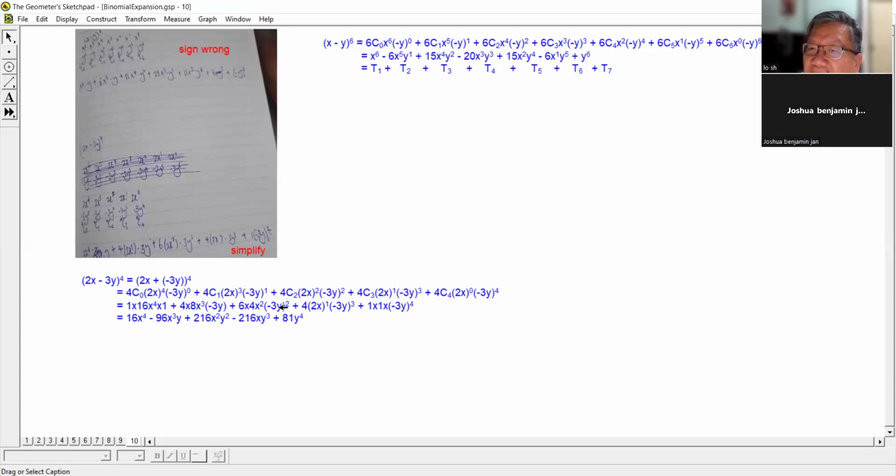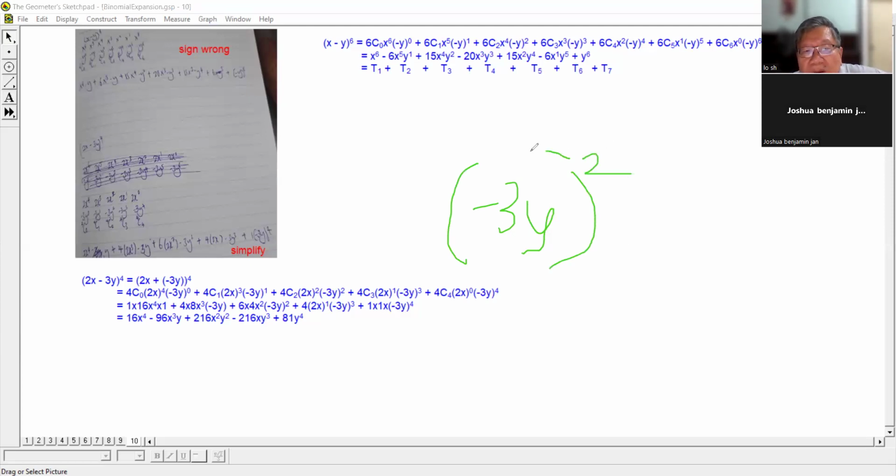But if you expand, what is the actual answer for negative 3y whole thing raised to the power of 2? What is it? 9. Negative 3y whole thing squared.